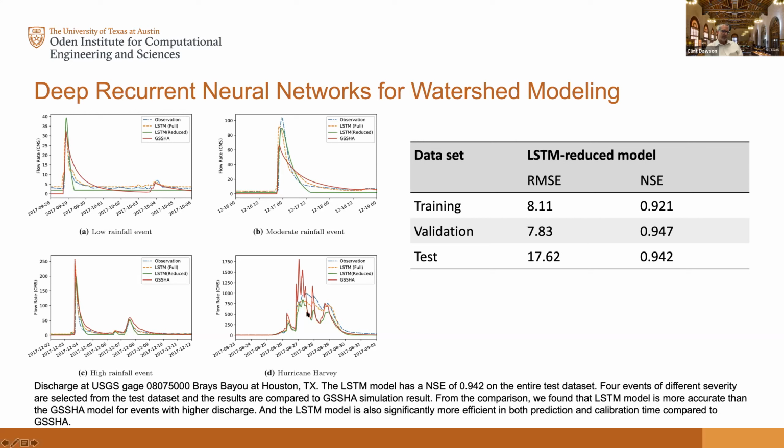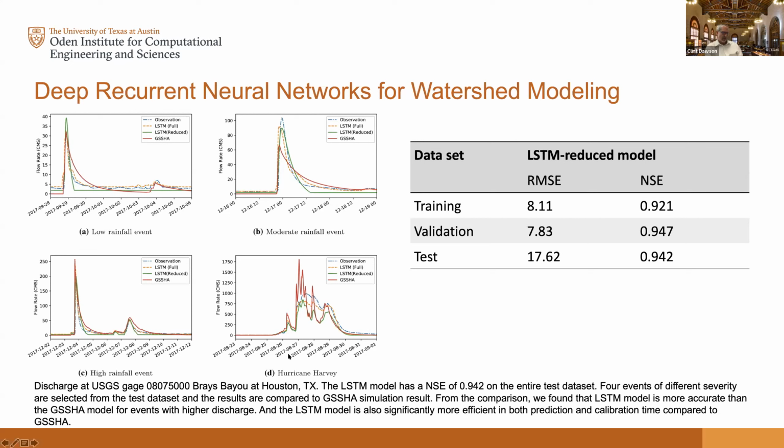And then again, looking at Hurricane Harvey, with GeoClaw we had these oscillations, and both machine learning implementations got the initial peak, but the full model really did a better job of almost capturing the entire flood event.